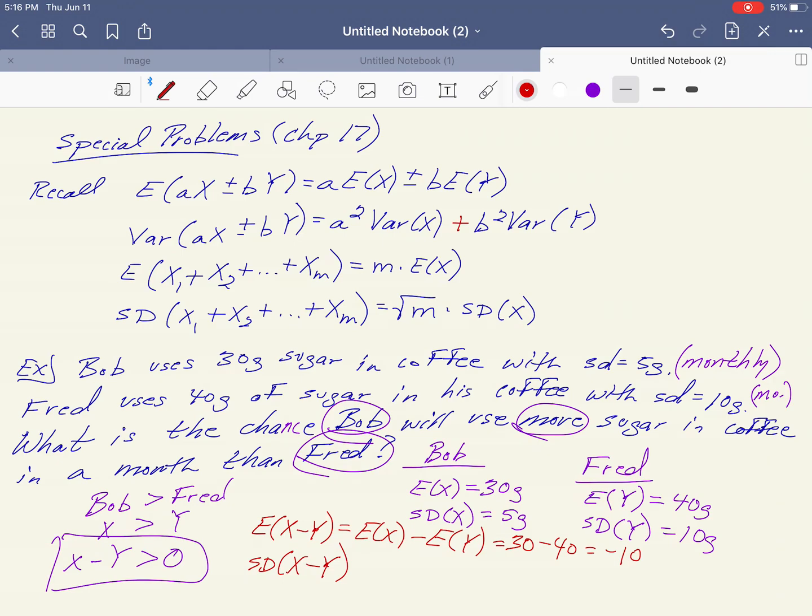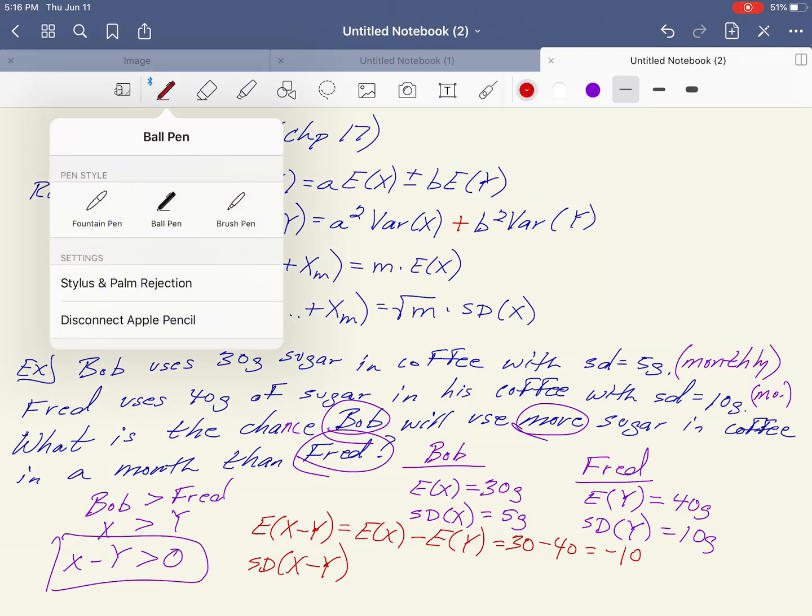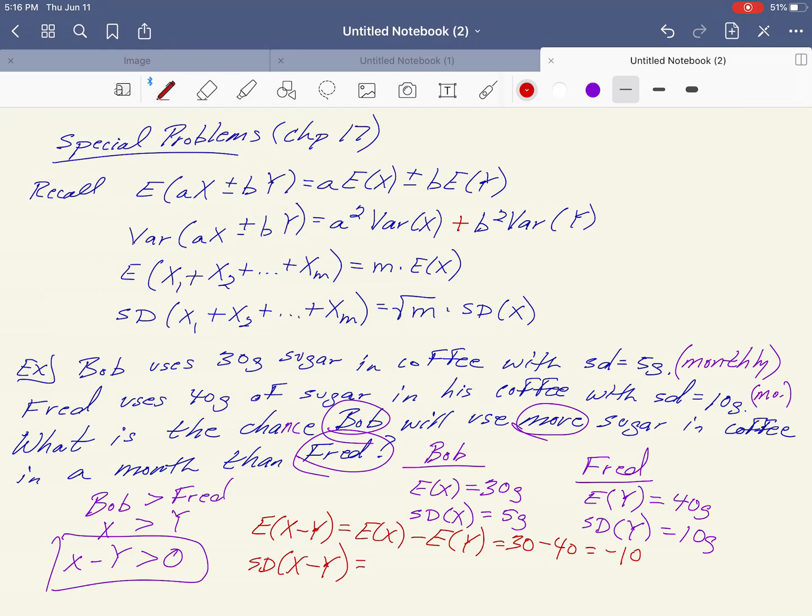For the standard deviation, well, the closest thing we have for a simple combination with standard deviation is the variance formula, where no matter what we have, plus or minus, it will be an addition. So we have the variance of X plus the variance of Y. Now that would have given me the variance, so I need to square root that in order to get the standard deviation.